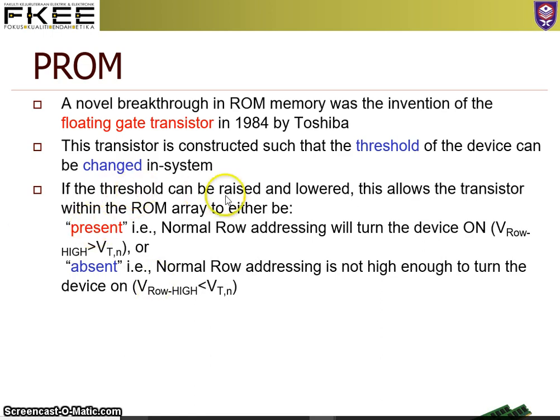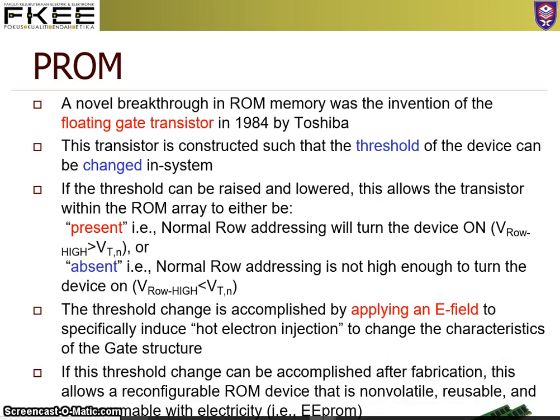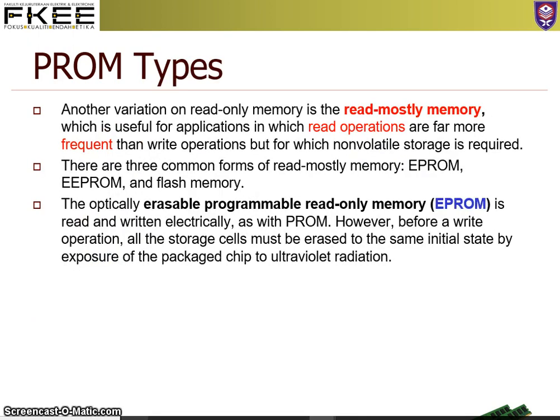So we can either raise or lower the threshold, meaning that there is an absent or present transistor connected to each particular junction. This can be done by applying an electrical field through a special technology. This is all done after the fabrication.